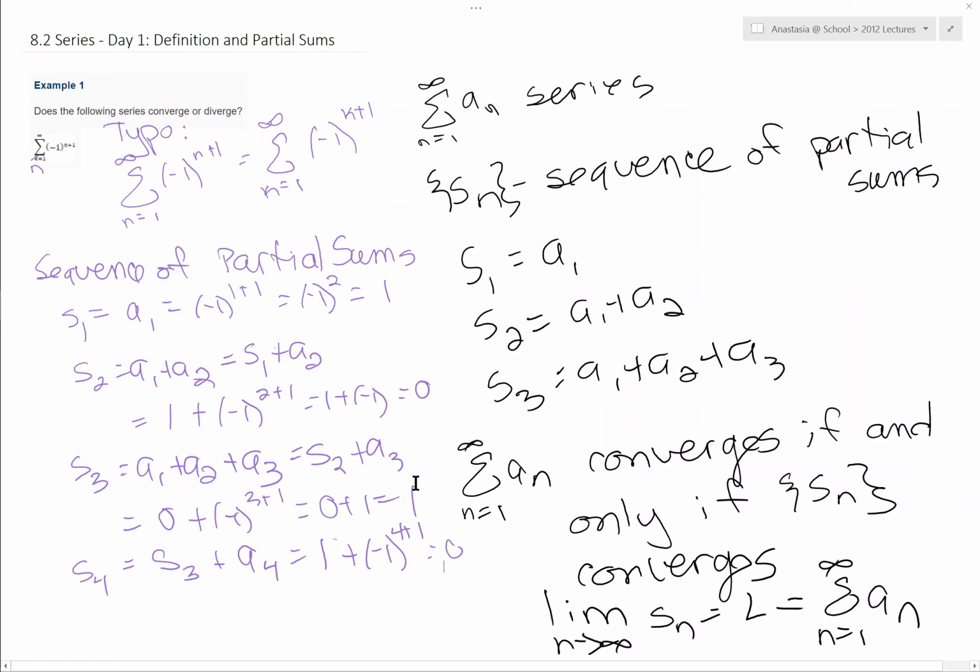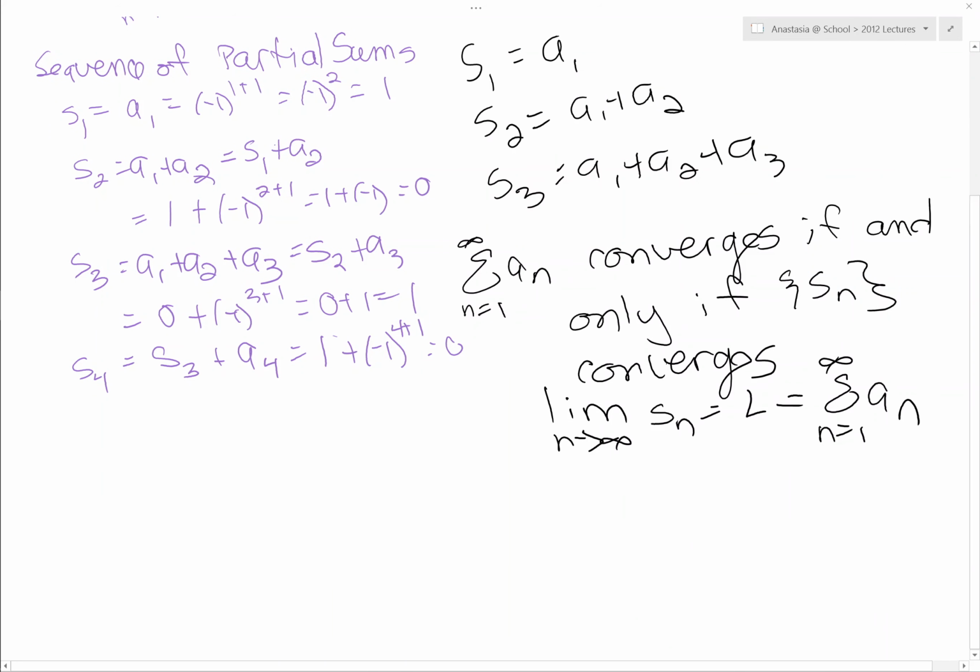The first term is 1, then 0, then 1, then 0, and so on and so forth. So our sequence of partial sums looks like a sequence of alternating between 1 and 0. 1, 0, 1, 0, 1, 0, and so on and so forth. So if we look at the limit as n goes to infinity of s sub n, there's no way that this limit can exist, because as n goes to infinity, or as we increase our number in these terms, we're always just going to be switching between 1 and 0.